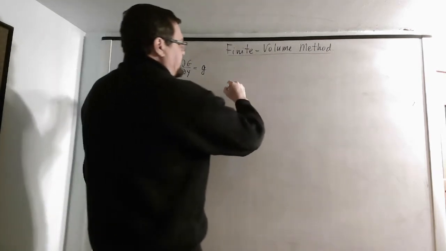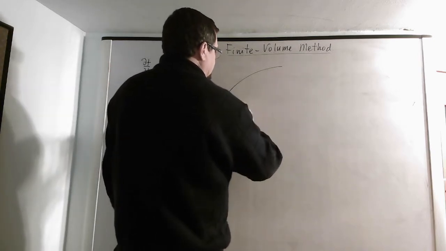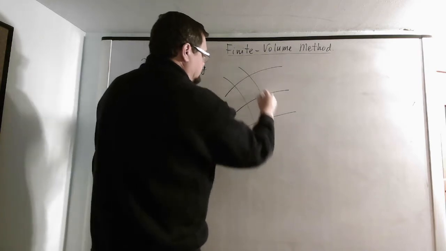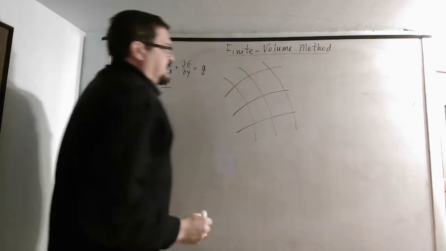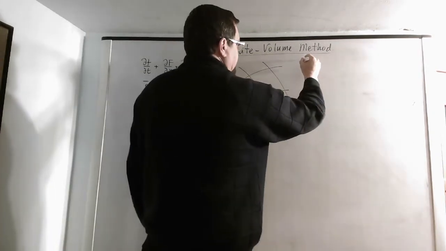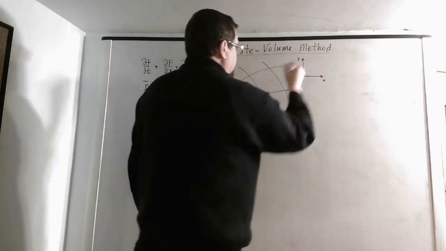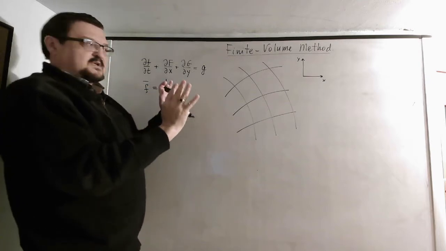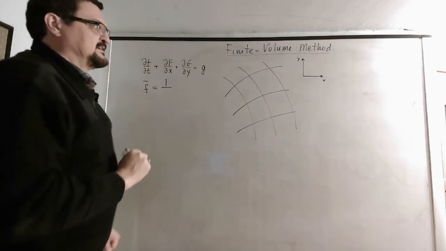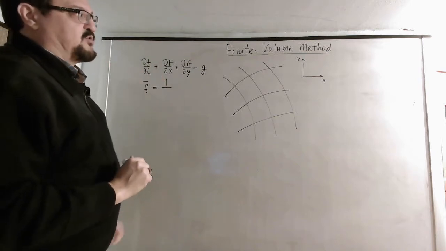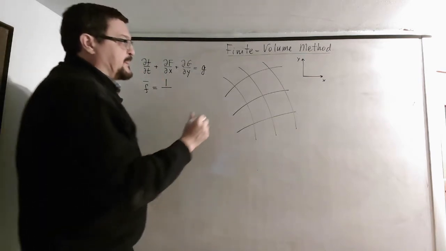We have, let's say, some arbitrary grid in x, y that looks like that, and we have a coordinate system that looks like this. So you see that our grid is not nicely collocated. The direction of that grid is not the same as the direction of our coordinate system x, y.